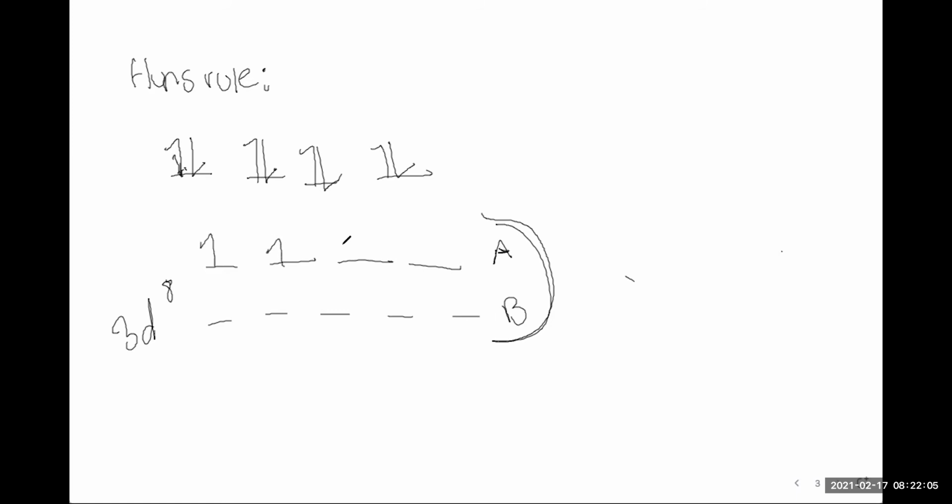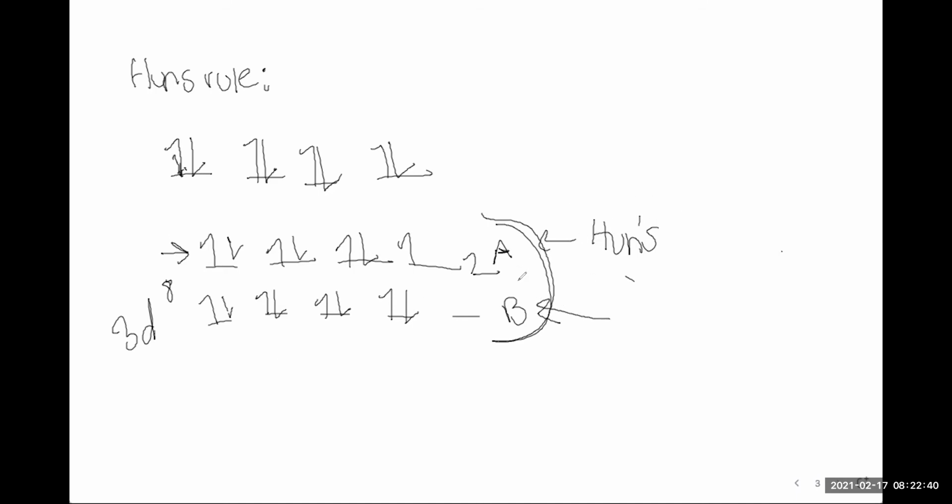So 1, 2, 3, 4, 5, 6, 7, 8. And so this is Hund's rule for A. And let's do it without Hund's rule on B, if we were to fill it by orbital instead of spreading out the electrons. So 1, 2, 3, 4, 5, 6, 7, 8. See how there's a difference here? These are arranged differently compared to B. And A was following Hund's rule.